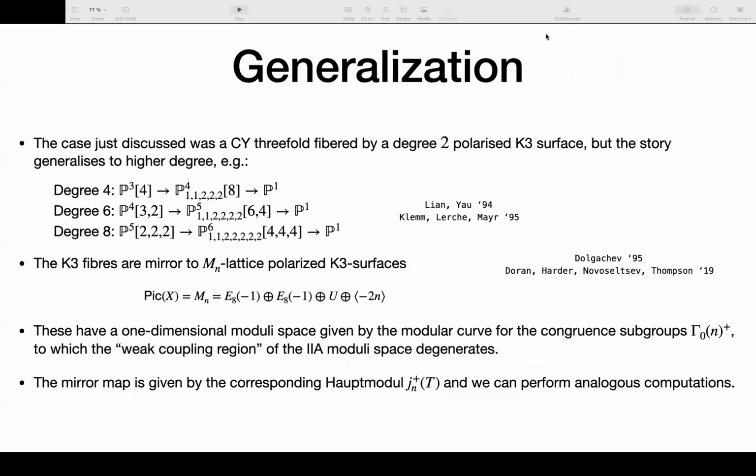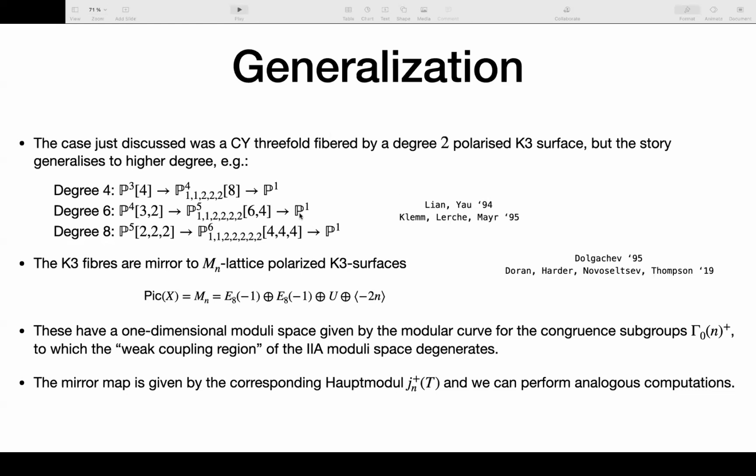Now, that would be very boring if we only had this singular example. In fact, we can generalize this. The Calabi-Yau that we discussed is fibered by K3 surfaces. The generic fiber is a degree 2 polarized K3 surface, but we can generalize to higher degree. So for degree 4, 6, and 8, these fibrations are very well known in the literature.